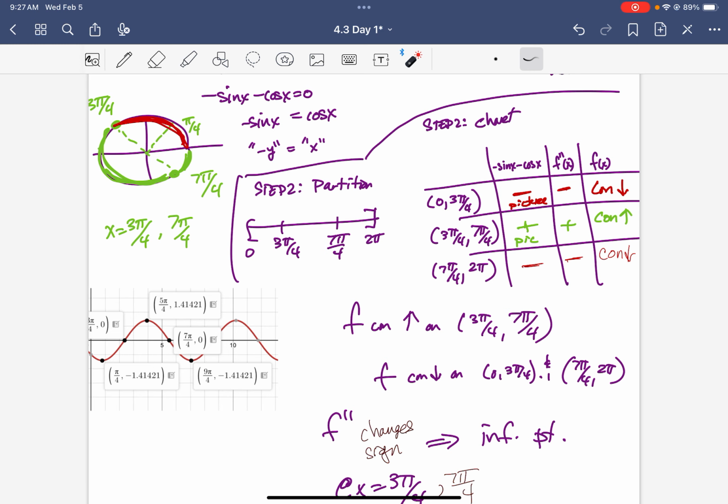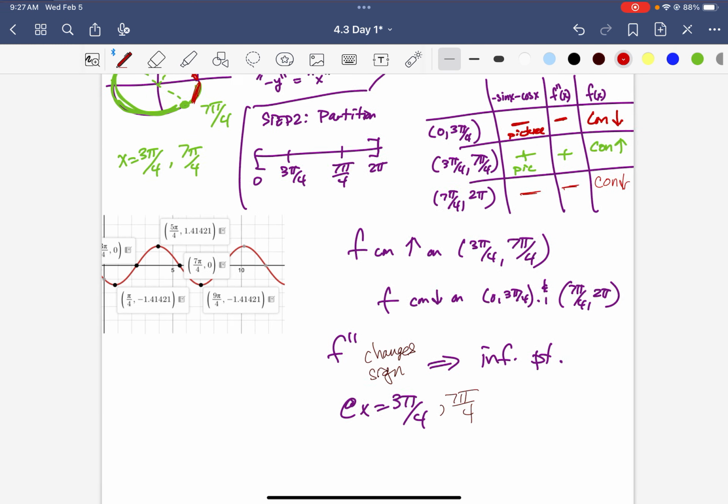If I'm in between 7 pi over 4 and 2 pi, over here we were positive, but in here we're actually going to be negative. Again, like I thought. So that is correct with our reasoning from this picture up here. This is actually going to be negative. Cool. All right.